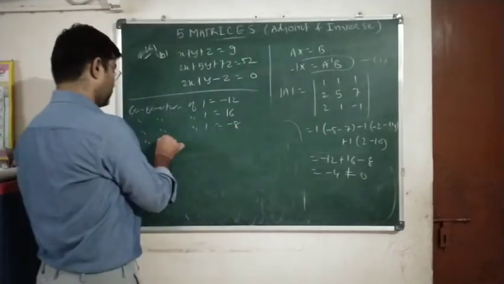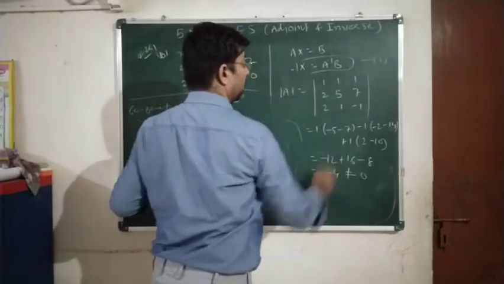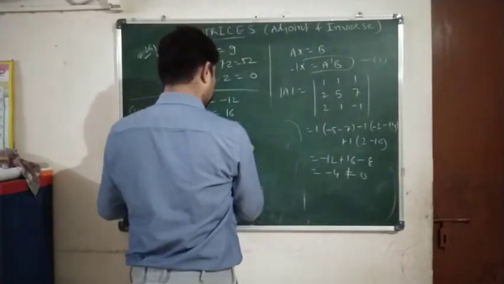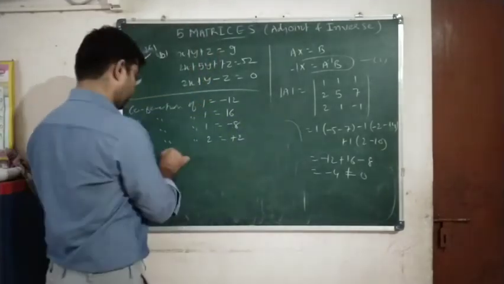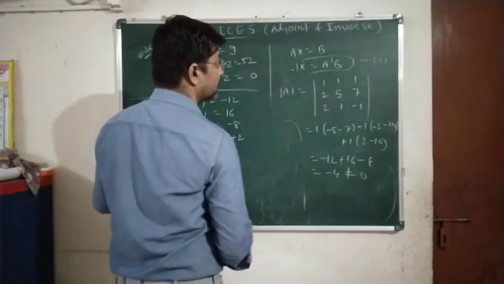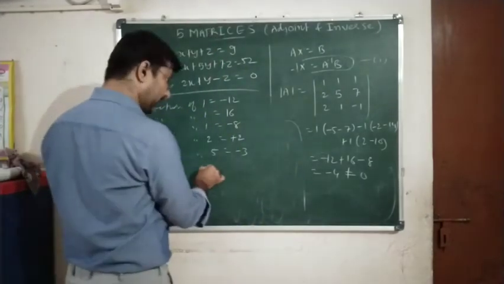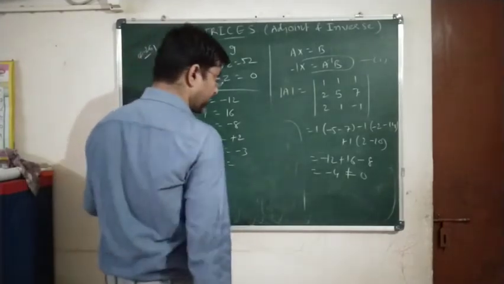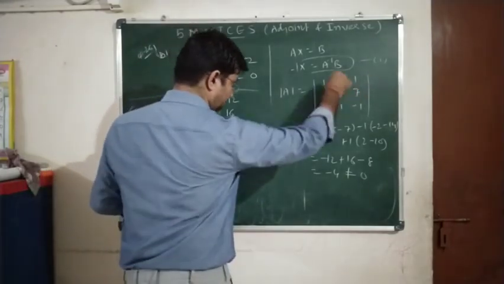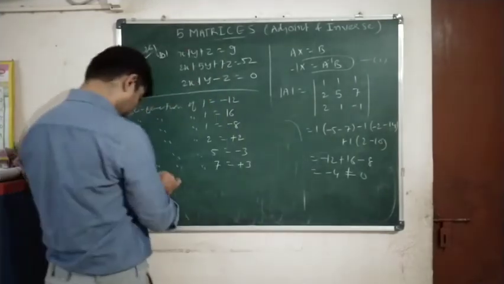Cofactor of 2: minus 1 minus 1 minus 2, so minus minus plus 2. Cofactor of 5: minus 1 minus 2 minus 3. Cofactor of 7 will be 1 minus 2 minus 3, so minus minus plus 3.